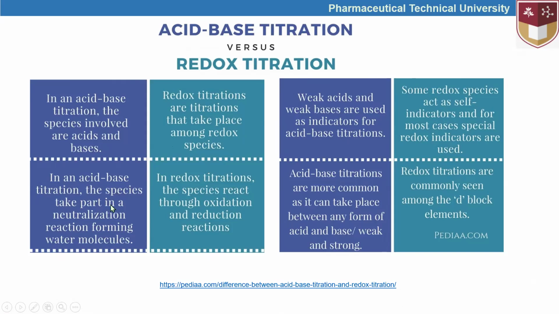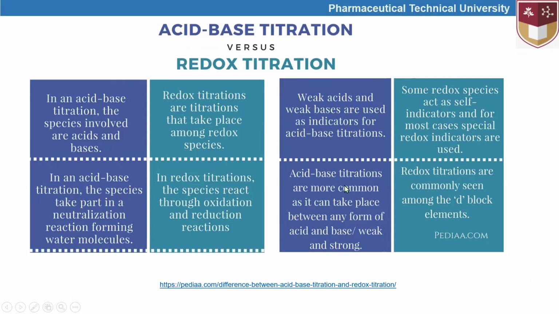In acid-base titration, the species take part in a neutralization reaction forming water molecules, and in redox reactions, the species react through oxidation and reduction reactions. Again, their oxidation states change. And in acid-base titrations, weak acids and weak bases are used as indicators, and in some redox titrations, species act as self-indicators, and for most cases, special redox indicators are used.